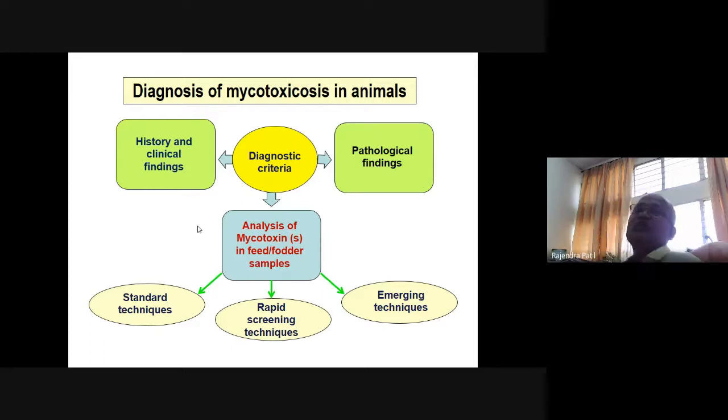But the definitive diagnosis is always achieved with the help of analysis of the mycotoxins in feed and water samples.